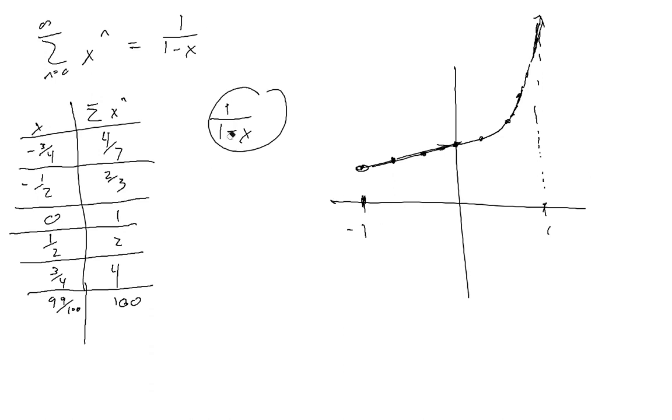Okay, so what does that mean? If we have a power series and it converges, it's going to be equal to some function where it converges. We call this area where the series converges its interval of convergence.